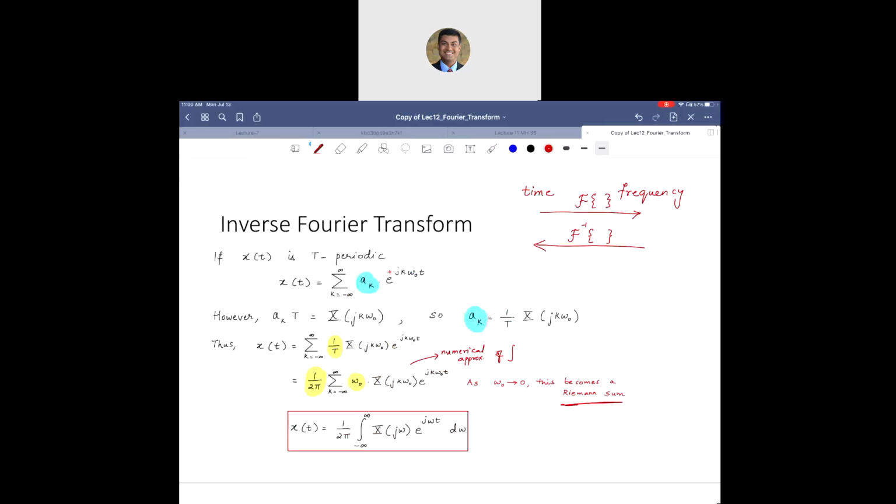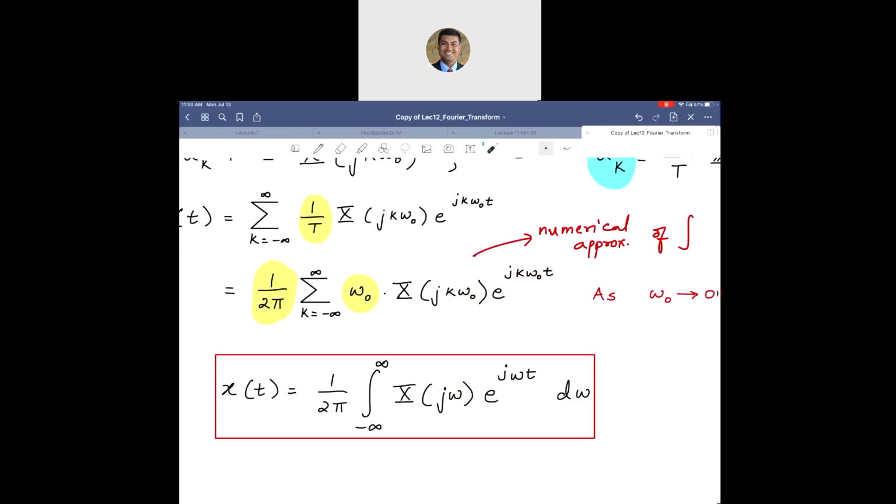Or the Riemann sum. The continuous function can be broken up into smaller rectangles. The rectangles will have a base, they will have a height. The height will be based on the product of these two. The base is d omega, or in this case omega naught, and you sum up all those areas, it will be like an integration.